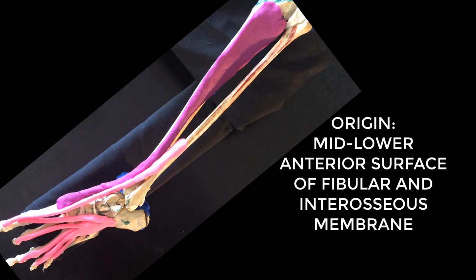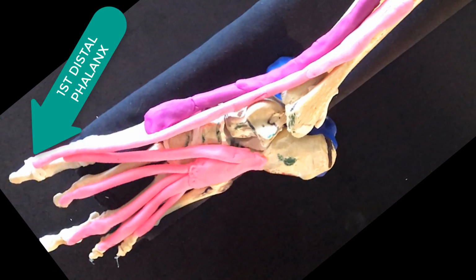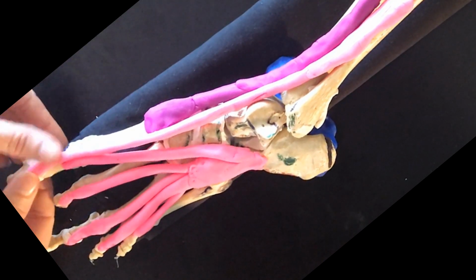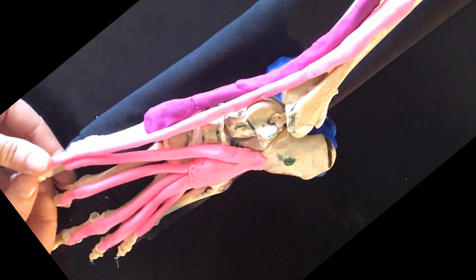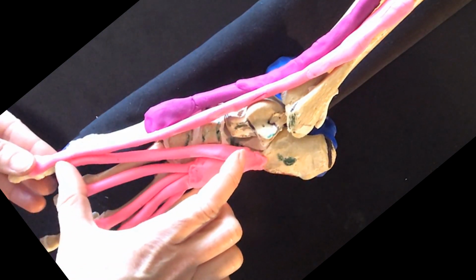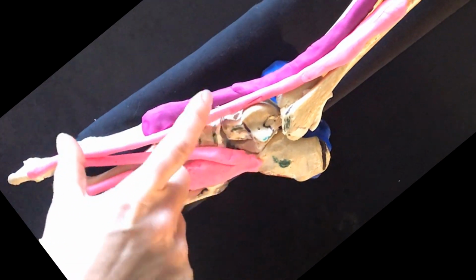So the extensor hallucis comes from the middle part of our anterior surface of the fibula, and it inserts into the base of the distal phalanx of the great toe. So I need it to come down just a little bit further. Okay, so the longus is a much longer tendon than the brevis. So it makes sense now why we have to distinguish the two.